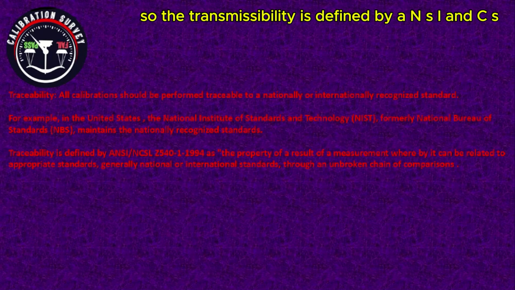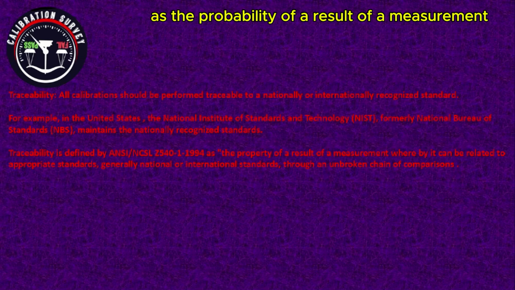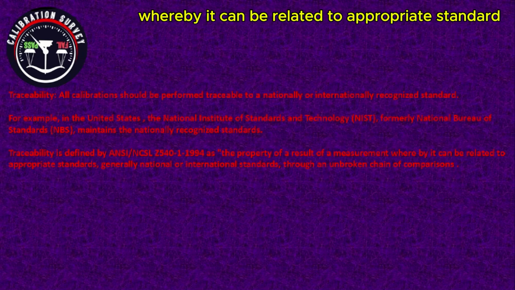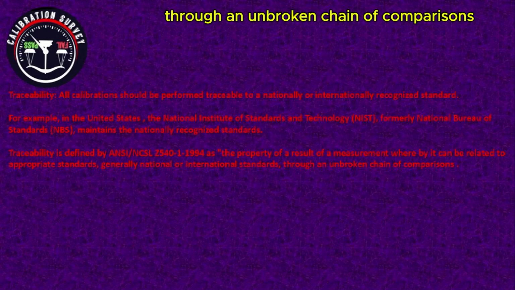So, traceability is defined by ANSI and NCSL as the property of a result of a measurement whereby it can be related to appropriate standards, generally national or international standards, through an unbroken chain of comparisons.